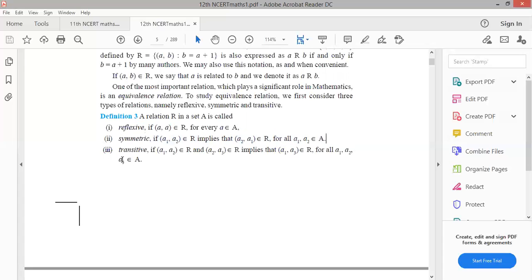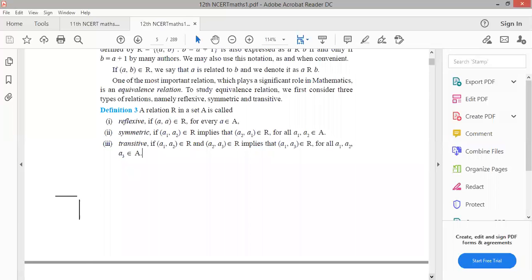Next is the transitive relation. A relation is said to be a transitive relation if a1 is related to a2 and a2 is related to a3, these two should imply that a1 is related to a3. If such a thing happens, we say that the relation is a transitive relation. That means it gets transited, it takes a jump from first to third.